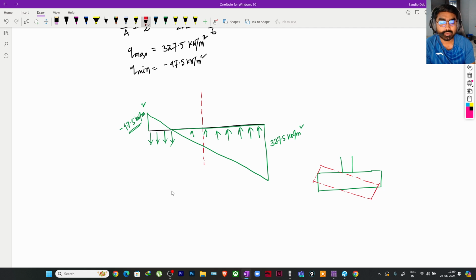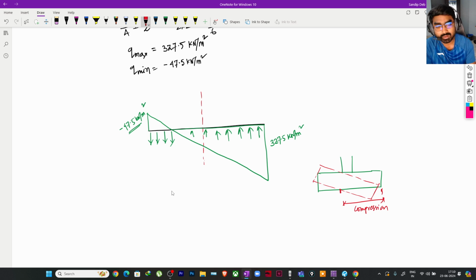So you can easily understand that when we have soil, this particular width is now under compression, right? But soil cannot provide resistance to uplift.